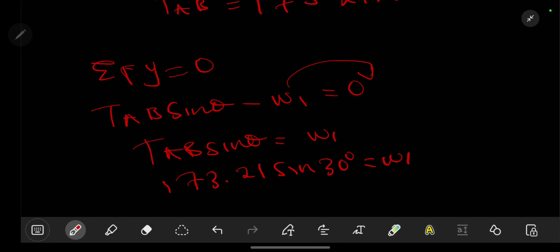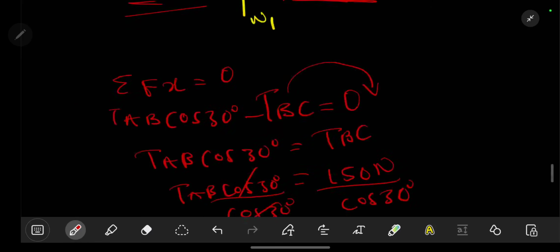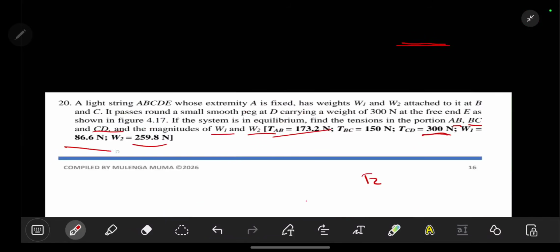So 173.21 times the sine of 30 degrees is going to give us 86.6 newtons, which is equal to weight number 1. So we have found our weight number 1. Let's verify. So weight number 1 is equal to 86.6, like that. So that means to say that's correct.